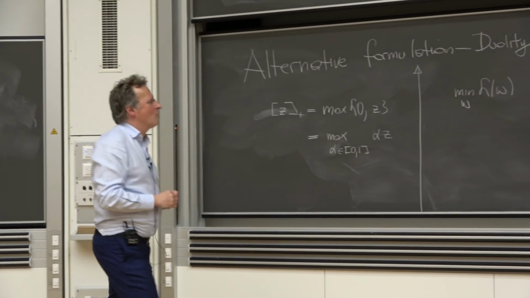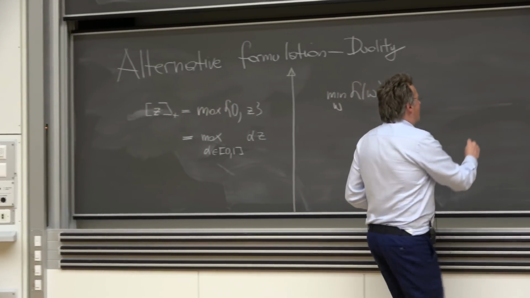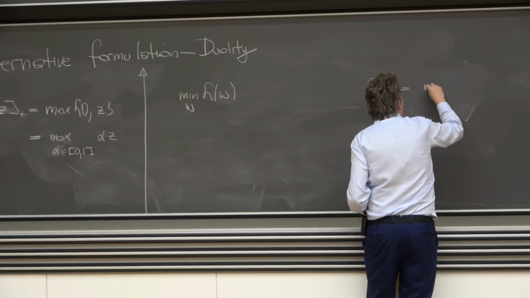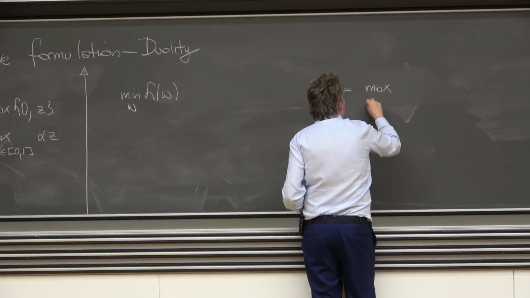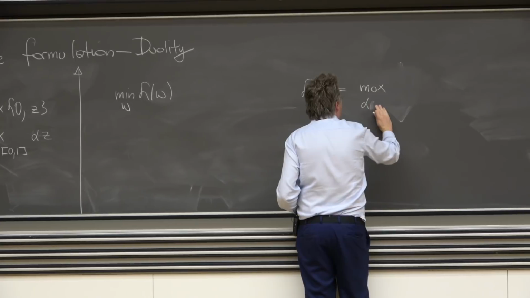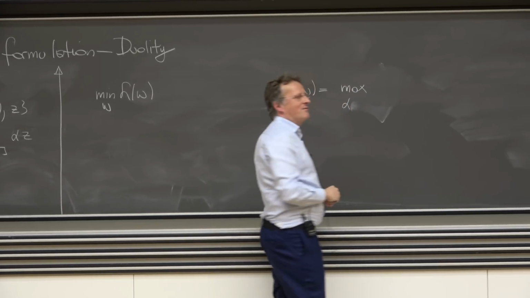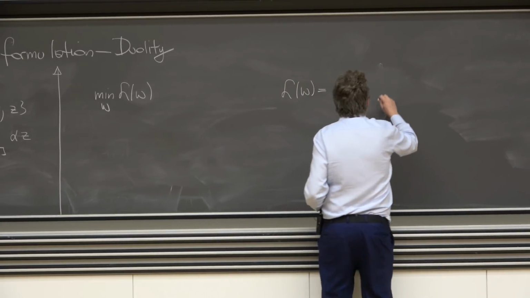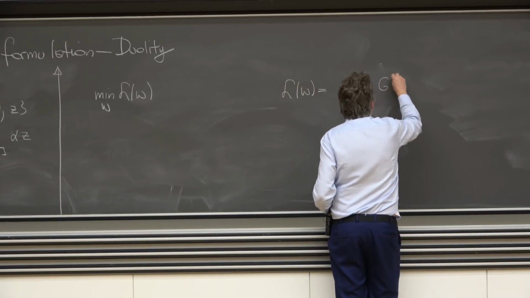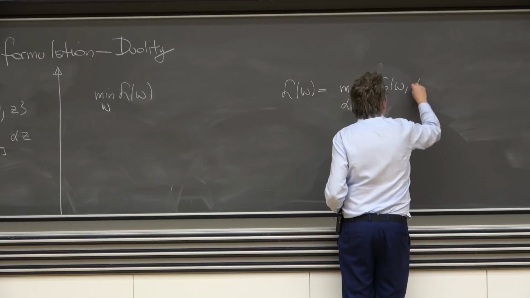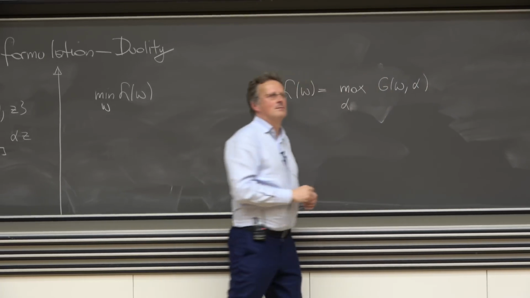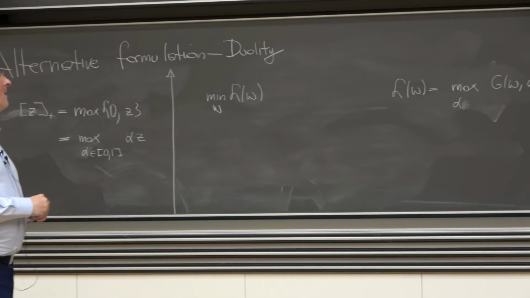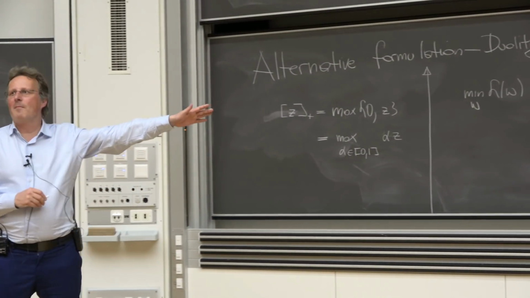But now let's assume that I could write the cost function as a maximization over some, let's say, alpha. And then we have to specify this alpha will always be in some box 0 to 1, but let's forget this for a second, of some other function g, and this function will depend on w and alpha. Okay? So we've seemingly made it more complicated.